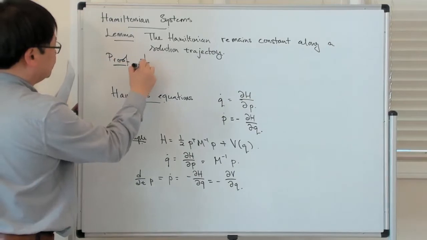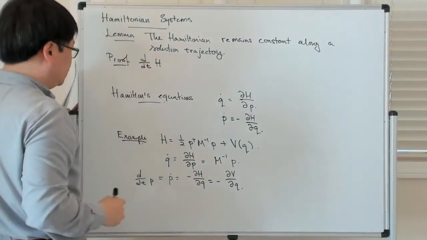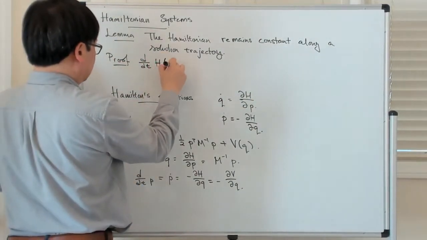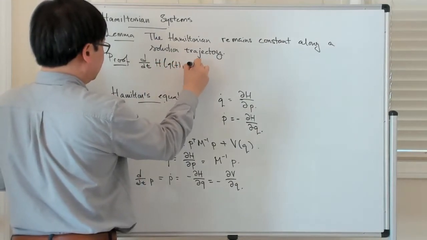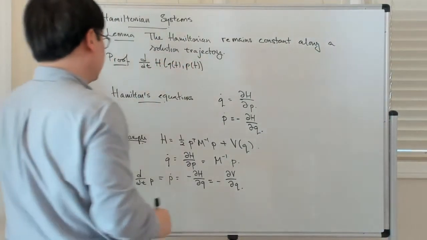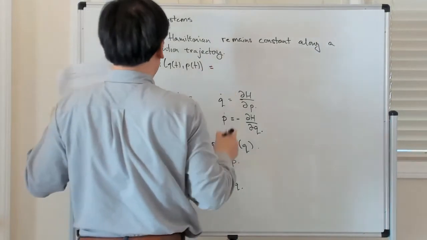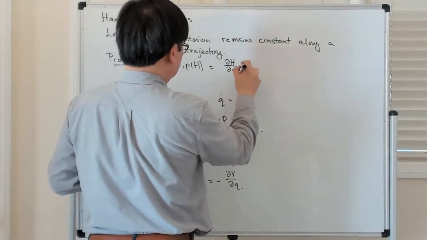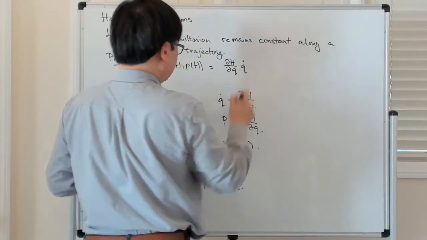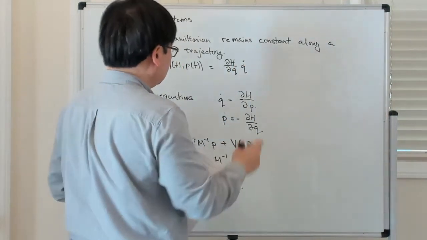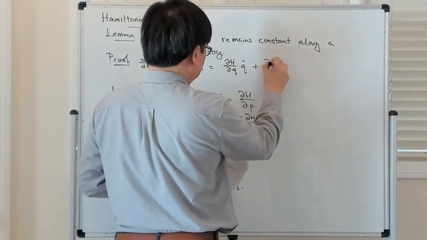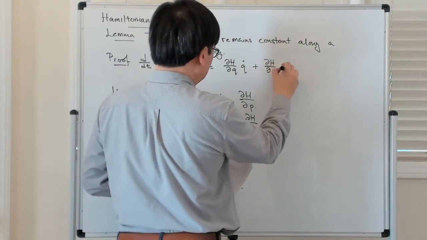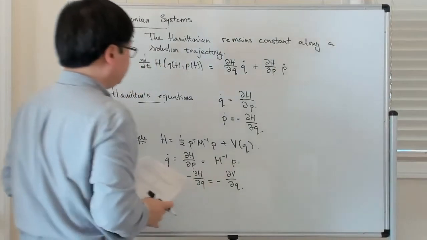The time rate of change of the Hamiltonian H(Q(t), P(t)) is nothing more than the partial of the Hamiltonian with respect to position times the time rate of change of position, plus the partial of the Hamiltonian with respect to momentum times the time rate of change of momentum.